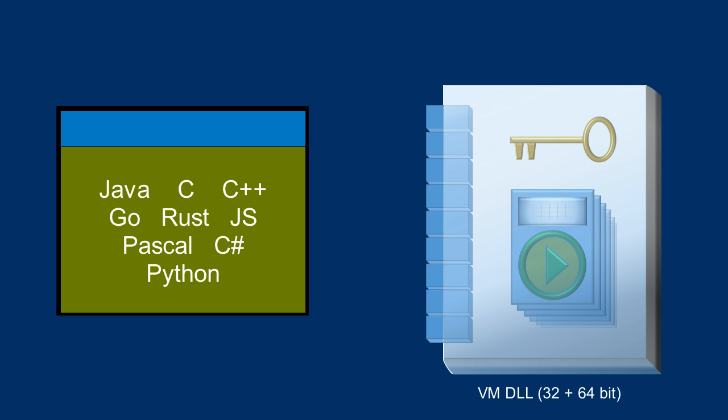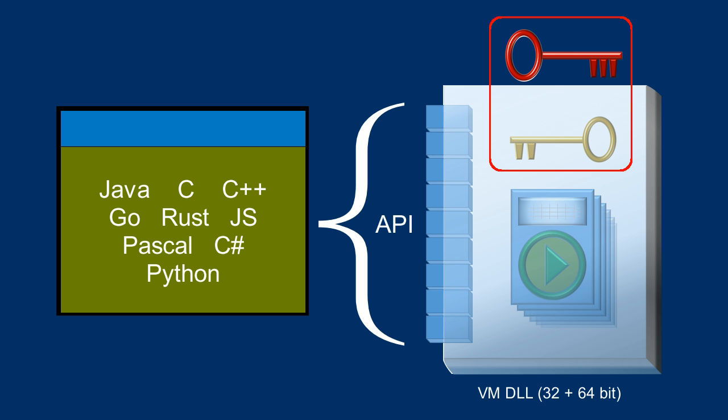This is often referred to as the VM DLL. This library implements a very simple application programming interface which allows a host application to easily load and execute many virtual machines. Each customer can build a VM DLL for a given key pair.